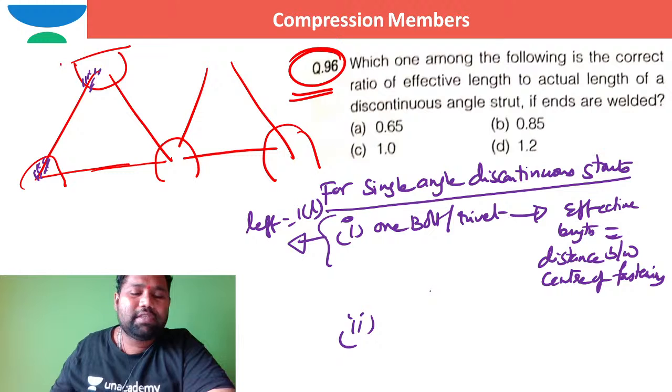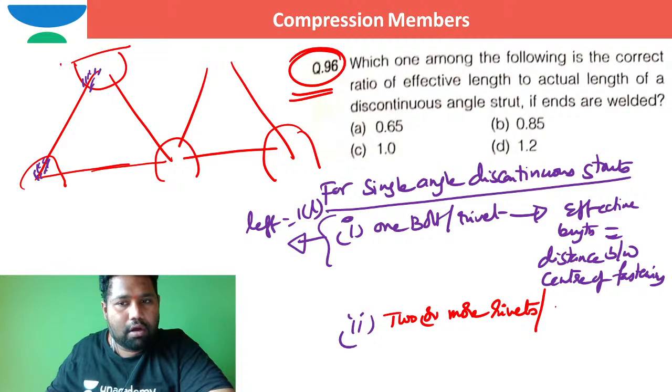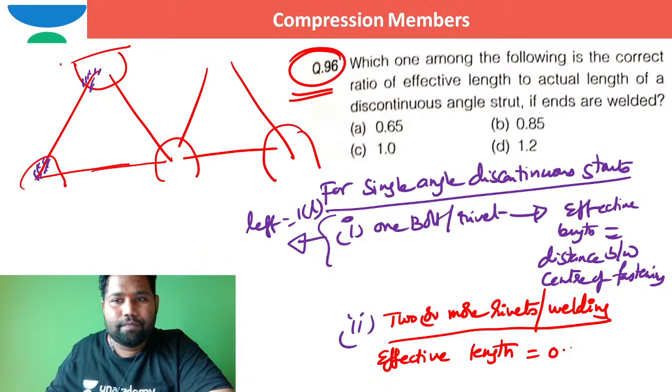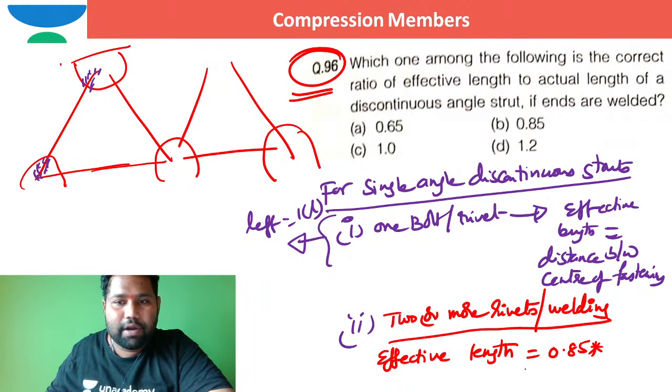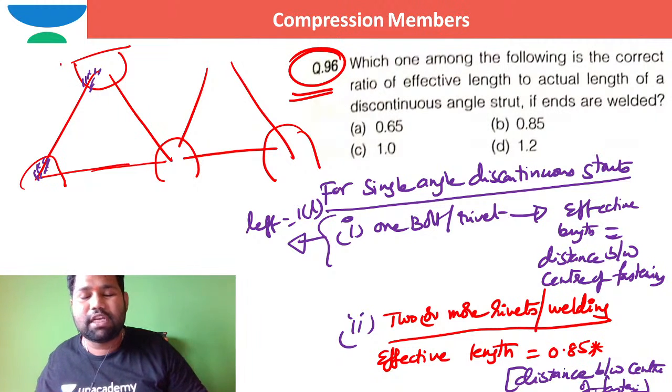When the single angle discontinuous strut is connected to the gusset plate with two or more rivets or bolts, or by welding, the effective length is equal to 0.85 times the distance between the centers of fastening, that is, 0.85 times the distance between load points.